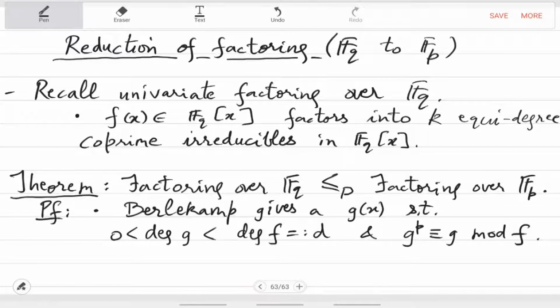So this was step 1 of the Berlekamp algorithm. Step 2 was that you then take the GCD of G minus alpha with F for all alpha constants, numbers 0 to P minus 1. That was the part which was expensive if P is large. So we will actually modify that.